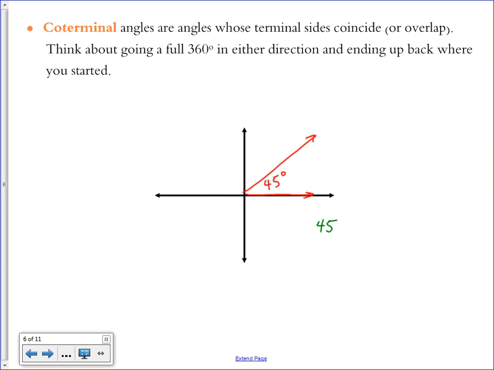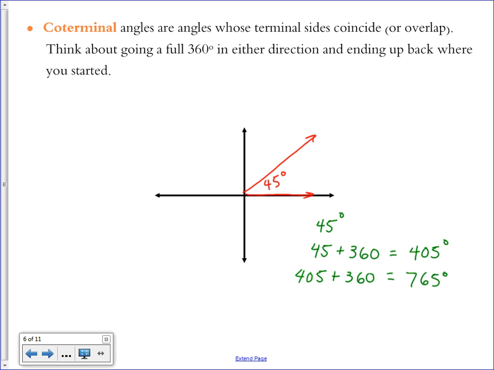So 45 degrees is coterminal with the angle 45 plus 360, which is 405 degrees. And I could even spin again. I could go another 360 degrees. That would be coterminal with 405 plus another 360, which would be 765 degrees.